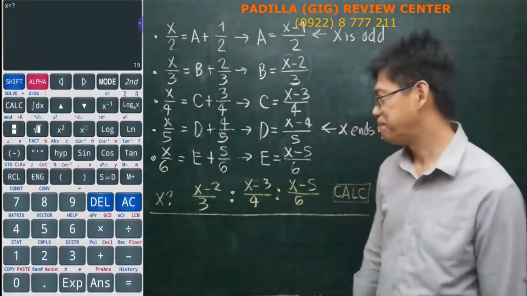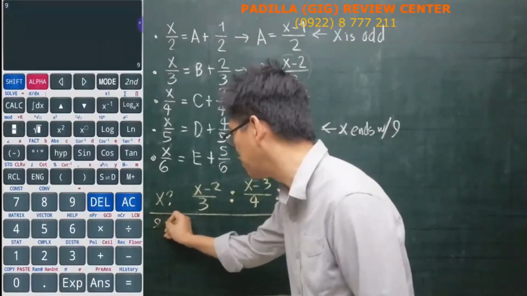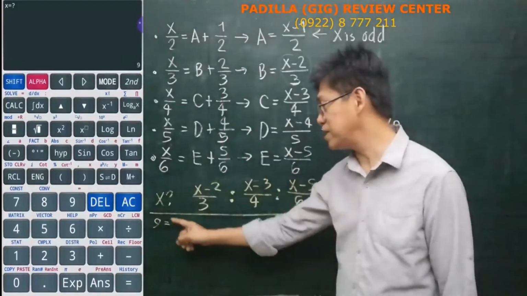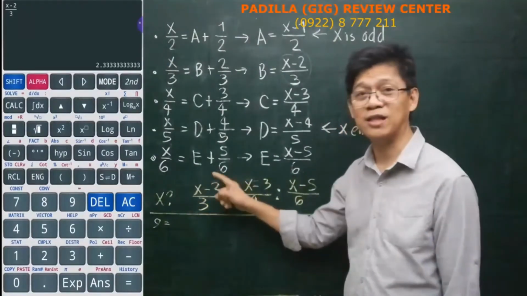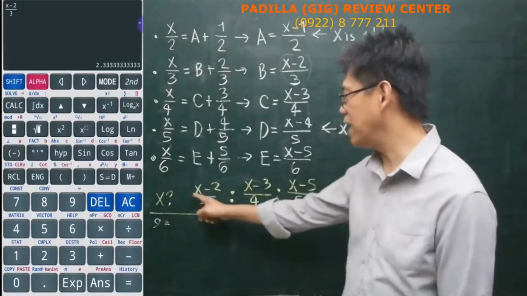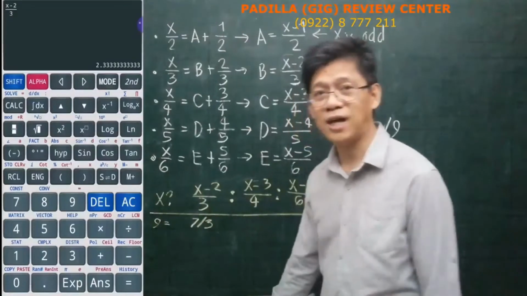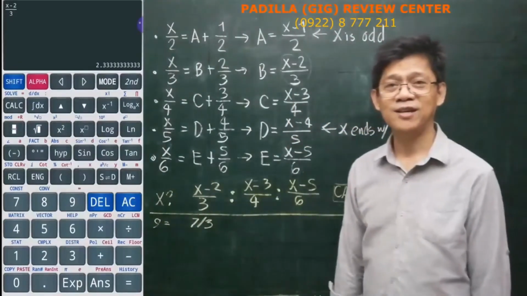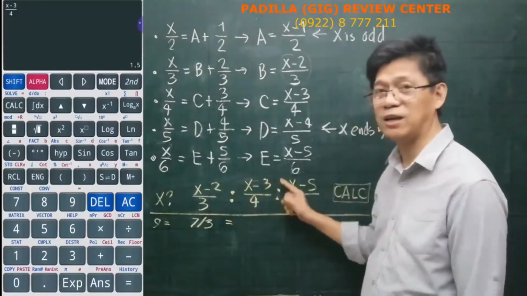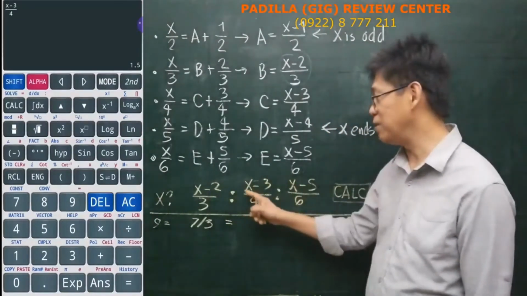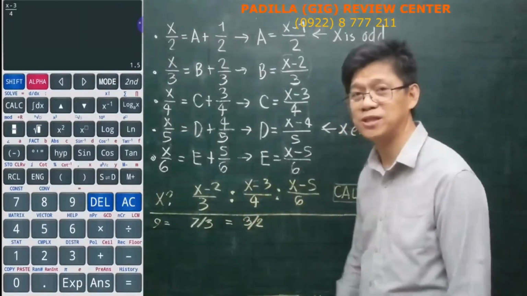Okay, so we try our first value of x, 9. Press equals. Once you press the equal sign, it will give you the value of b. That is 9 minus 2, 7 over 3. That is not a whole number. Press equals, your calculator gives you 9 minus 3, 6 over 4, displayed as 3 halves.